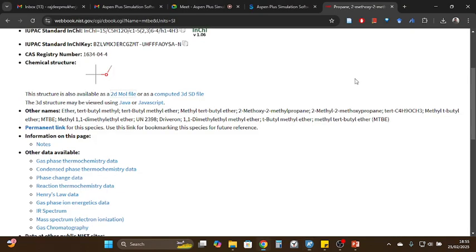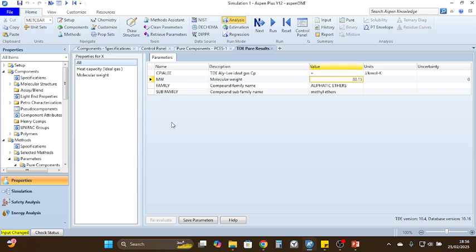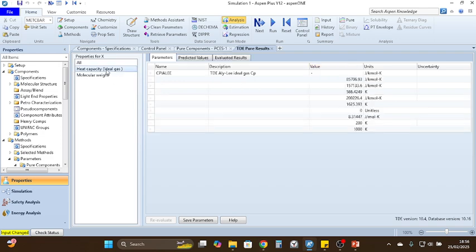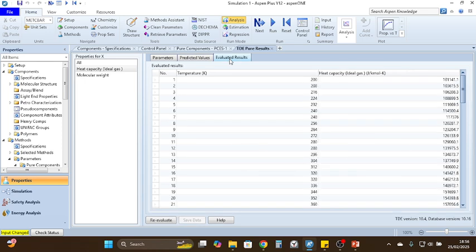If you check this data bank over here, you can see that this value is close to the value that we have got in Aspen. Then the heat capacity results are also given over here, and this is the molecular weight. Now these are the parameters that are retrieved from the NIST. Over here are the predicted values, and these are the evaluated results.